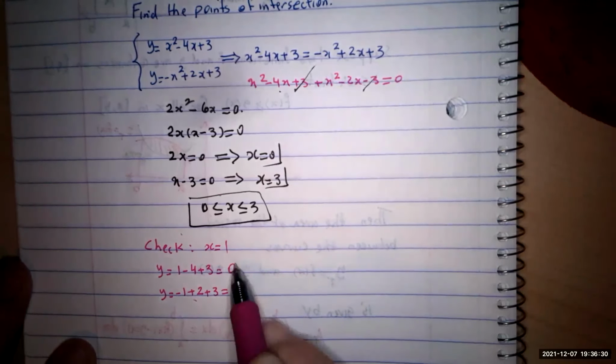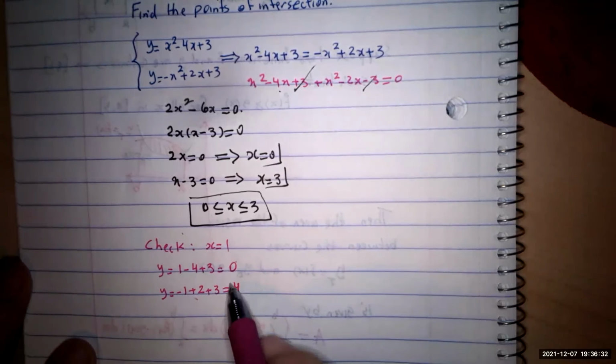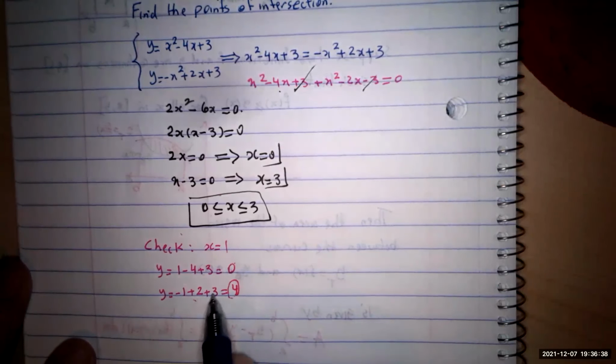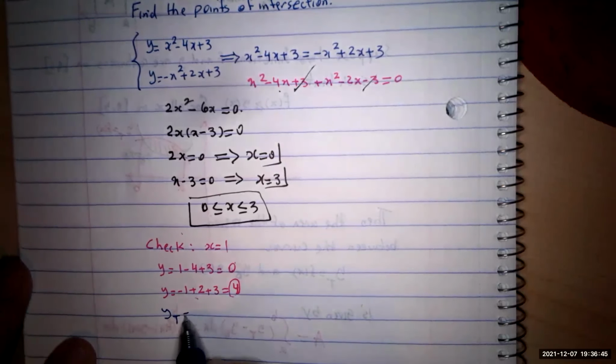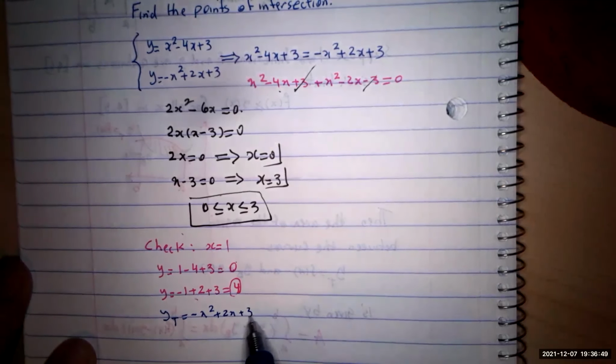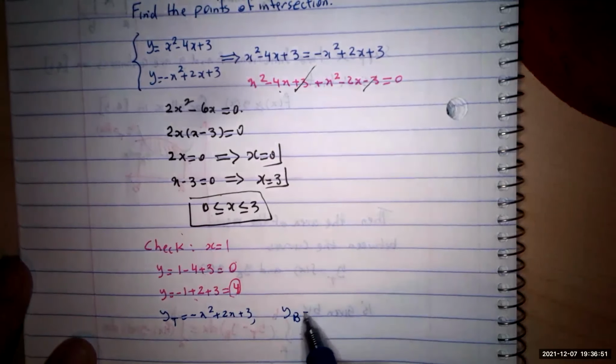Okay, as you can see, 4 is going to be bigger than 0. So this means this would be y of the top, and this would be y of the bottom. The one on the top is the second one, and the one on the bottom is the first one.